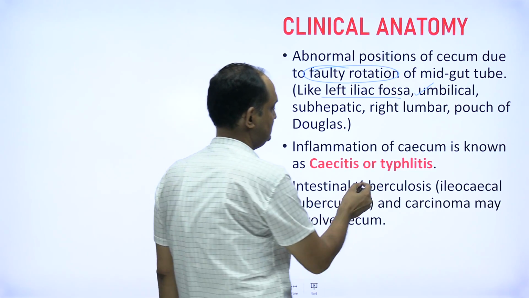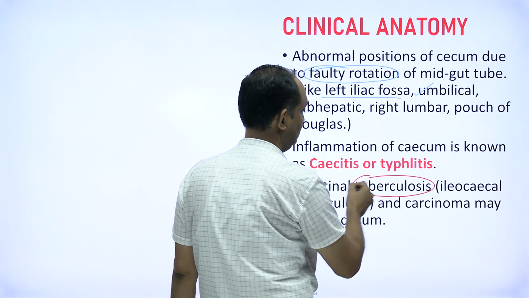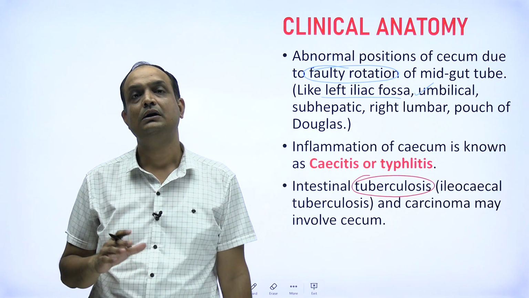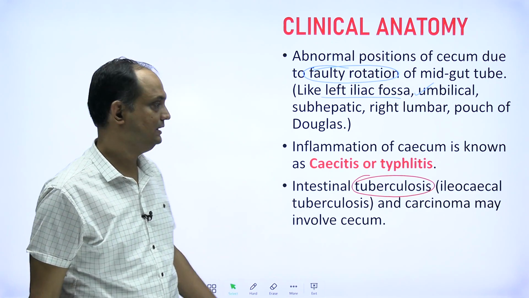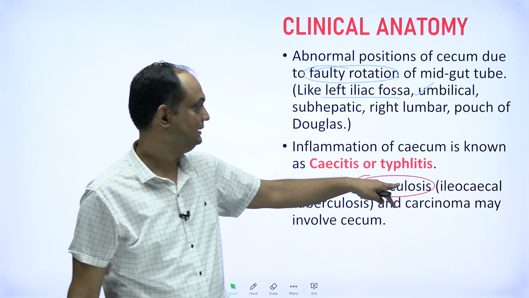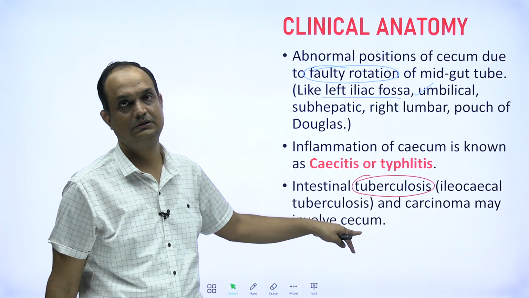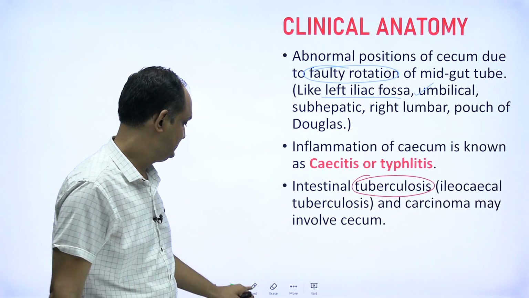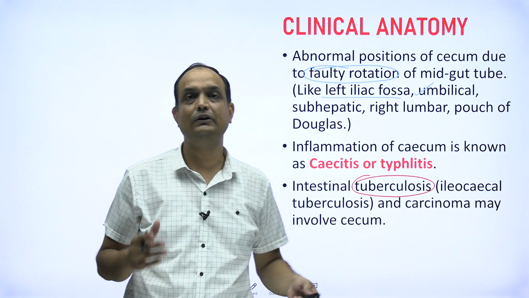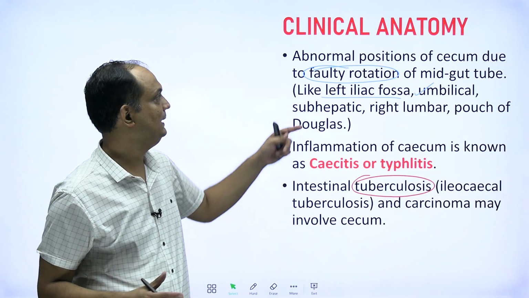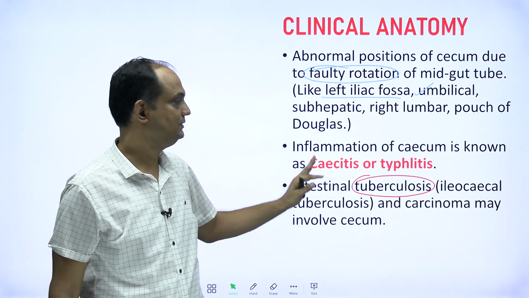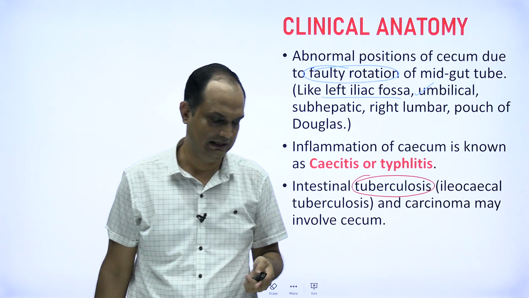It is important to understand that intestinal tuberculosis does not involve only your small intestine, but sometimes the infection may settle into the cecum, and that is ileocecal tuberculosis. And sometimes the cecum may be the site of malignancies. So, in applied anatomy you have abnormal rotation, inflammation, tuberculosis and malignancy.